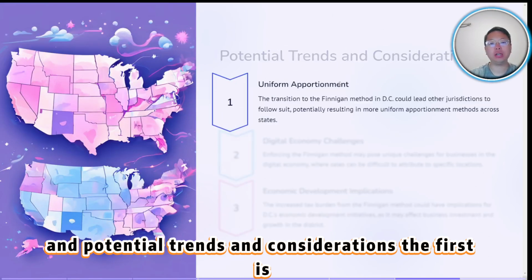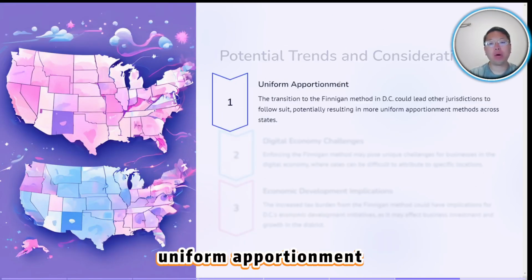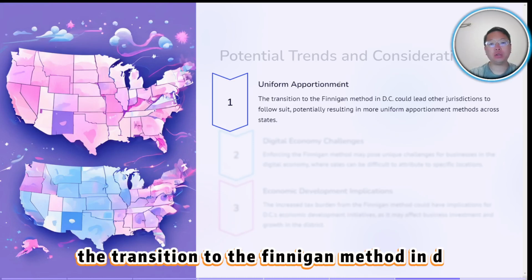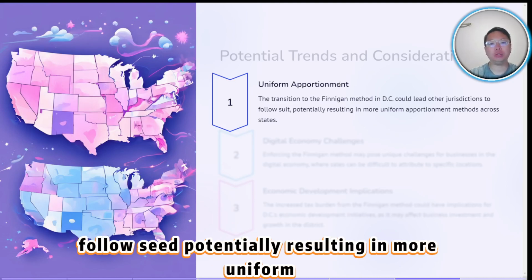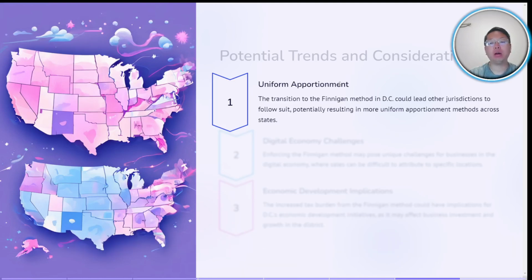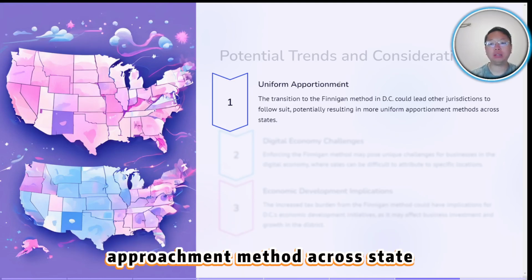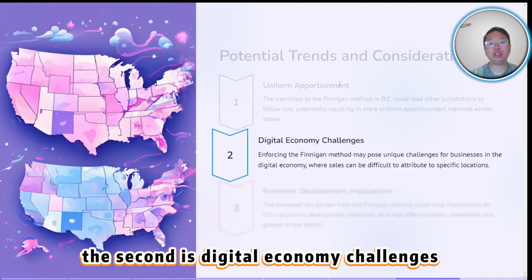And potential changes and considerations. The first is uniform apportionment. The transition to the Finnigan method in DC could lead other jurisdictions to follow suit, potentially resulting in a more uniform apportionment method across states. The second is digital economy challenges.